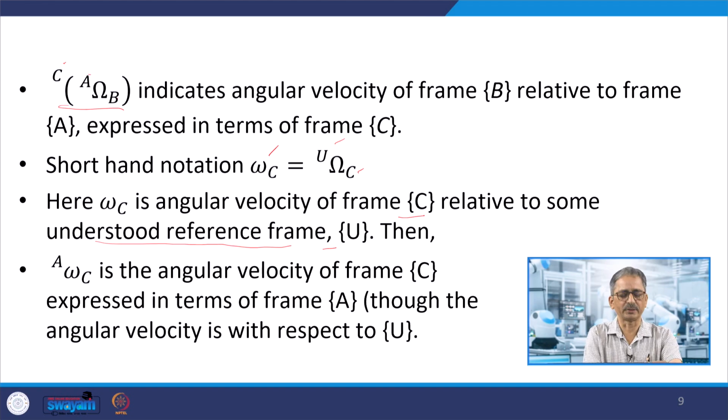And this omega c A is the angular velocity of frame C expressed in terms of frame A, though the angular velocity is with respect to frame U. So, that is its meaning.